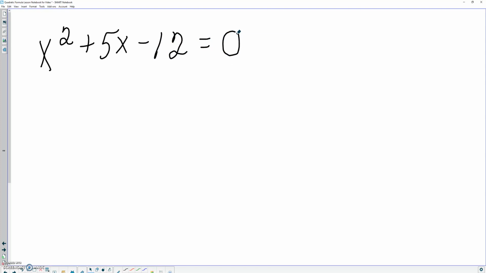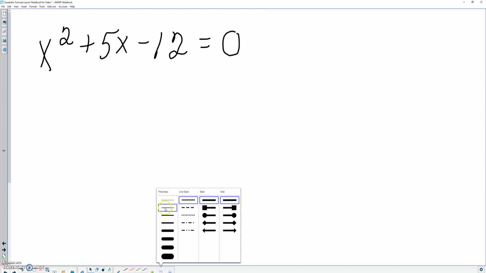Our equation is already set equal to 0. If I go to factor the left-hand side, we have no GCF, so we're going to do trial and error. We would look for numbers that multiply to 12 and subtract to 5.